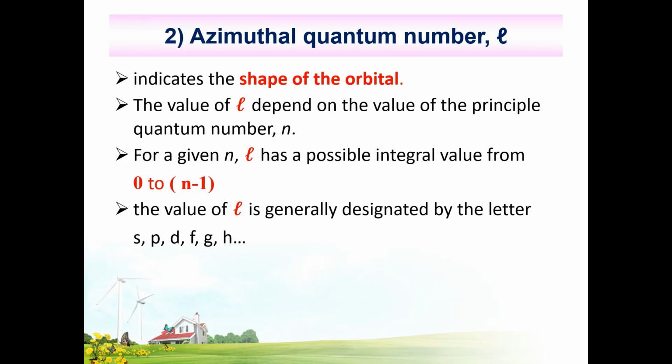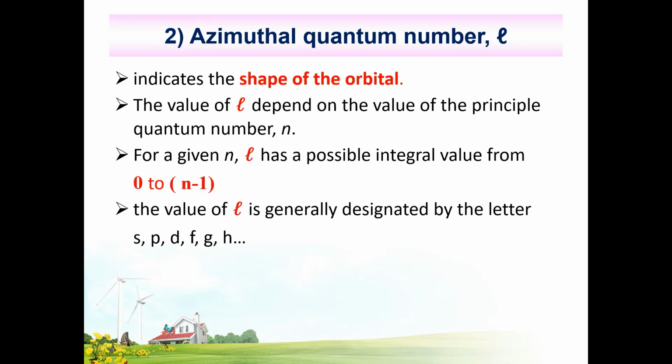For example, if we give you n equals 2, l has possible values from 0 to 1 because 2 minus 1 is 1. 0 represents the s orbital, 1 represents the p orbital, and 2 represents the d orbital.